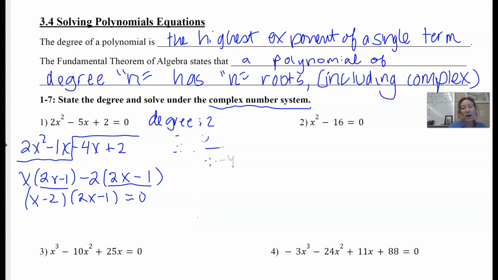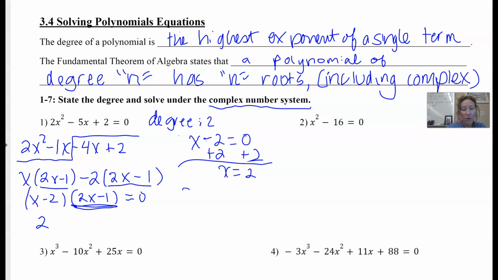What I'm going to do now is find the values that make the answer 0 after multiplying. We remember this first one would just be 2. But this other one is more interesting because it has the 2x. So the work that we do is x minus 2 equals 0, and that's how I got 2. On the other one, we do the same work. 2x minus 1 is equal to 0.